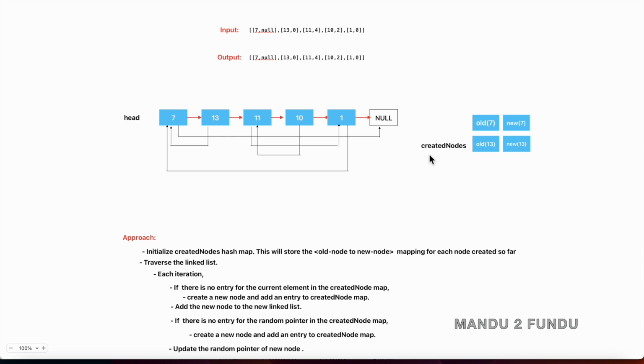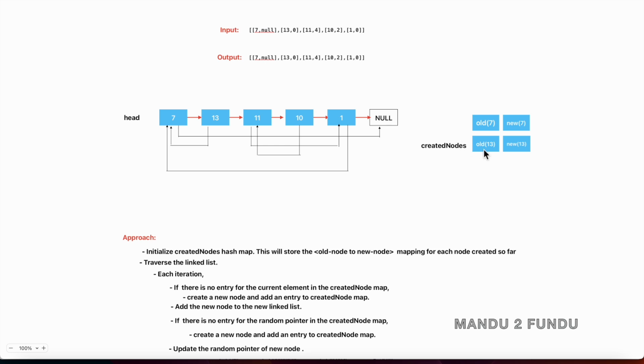Basically we need to maintain a mapping, or use a hash map, which maintains the mapping between the node in the old linked list and the corresponding node in the new linked list. As we traverse the input linked list, we check whether there is an entry for the current node in the created nodes hash map.